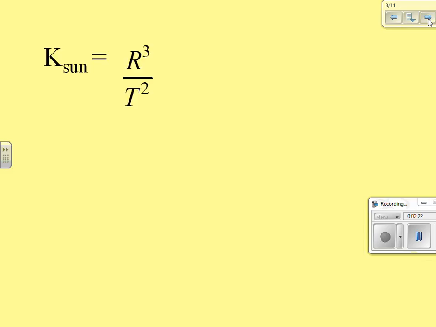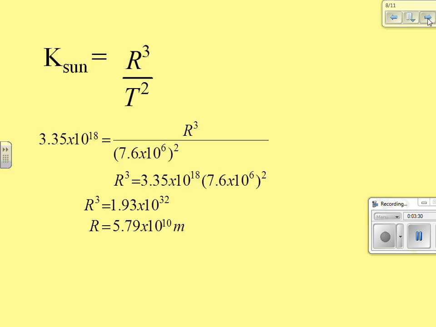Because this mystery planet orbits our sun, it has the same k sun value as before, 3.35 times 10 to the 18, equal to r cubed over T squared. Basically, this is can you handle scientific notation and squaring on your calculator. You'll need to be able to do cube roots. I hope you know how to do that on your calculator. We should maybe take a moment to make sure that you're able to do that.